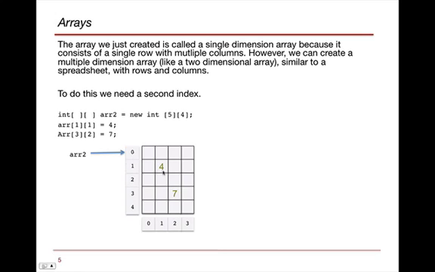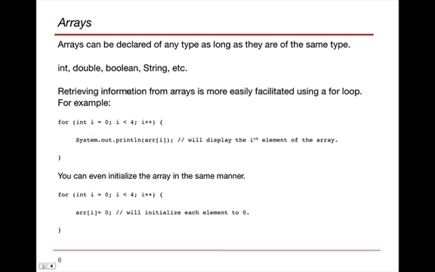So arrays can be declared of any type: int, double, boolean, string, or anything else. And what it will do is allocate the amount of memory for those particular types. So that's why it's all of the same type. Retrieving from arrays is going to be easier when we use a loop. So for example, if I want to go through every element within a single dimensional array or a row of a 2-dimensional array, I might do System.out.println ARR sub I, where I changes based on the value of a loop that we had learned 2 modules ago.